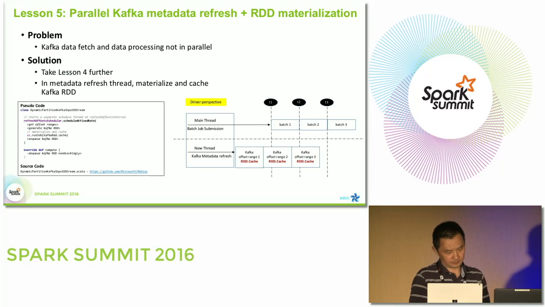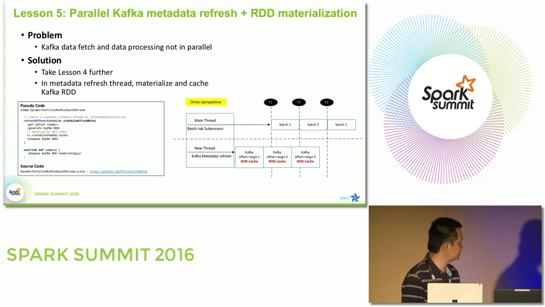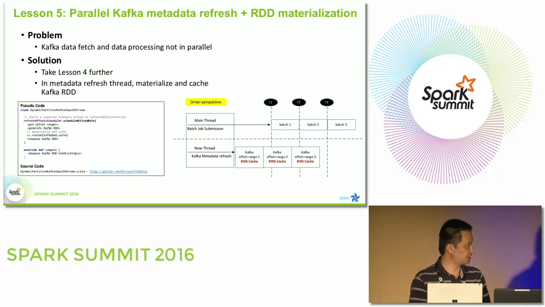Today, under the direct Kafka approach, Kafka data fetch and data processing run sequentially, one after another, while they should be fully in parallel, because one is an I/O intensive job, the other one is a CPU intensive job. There's no reason for the next Kafka fetch job to wait for the previous data processing job to complete. So they should run in parallel.